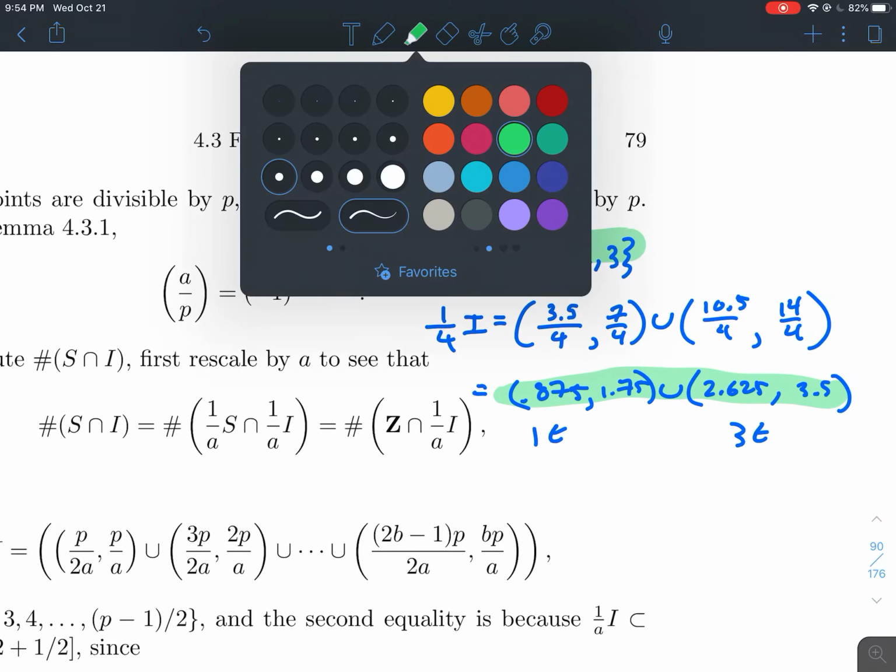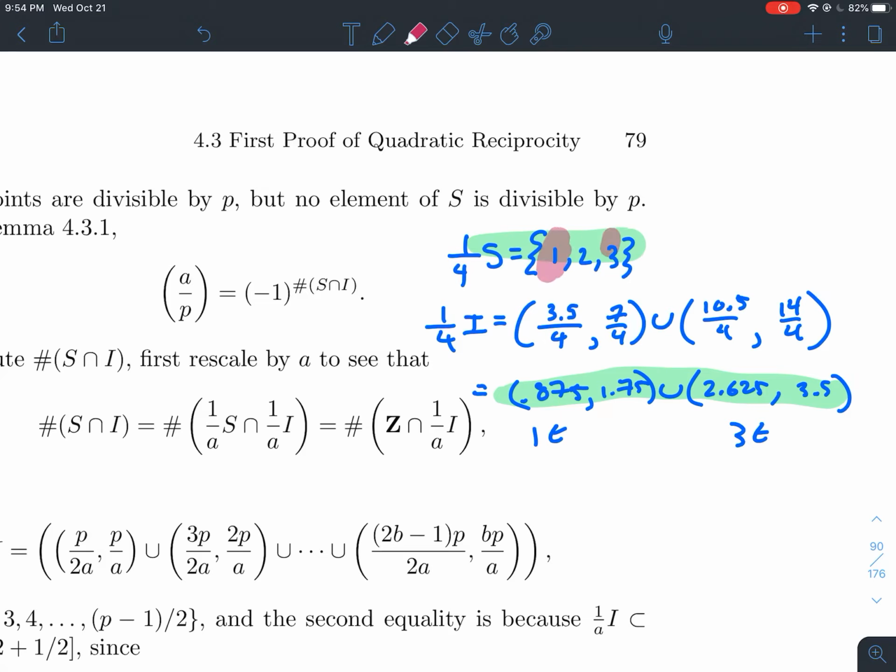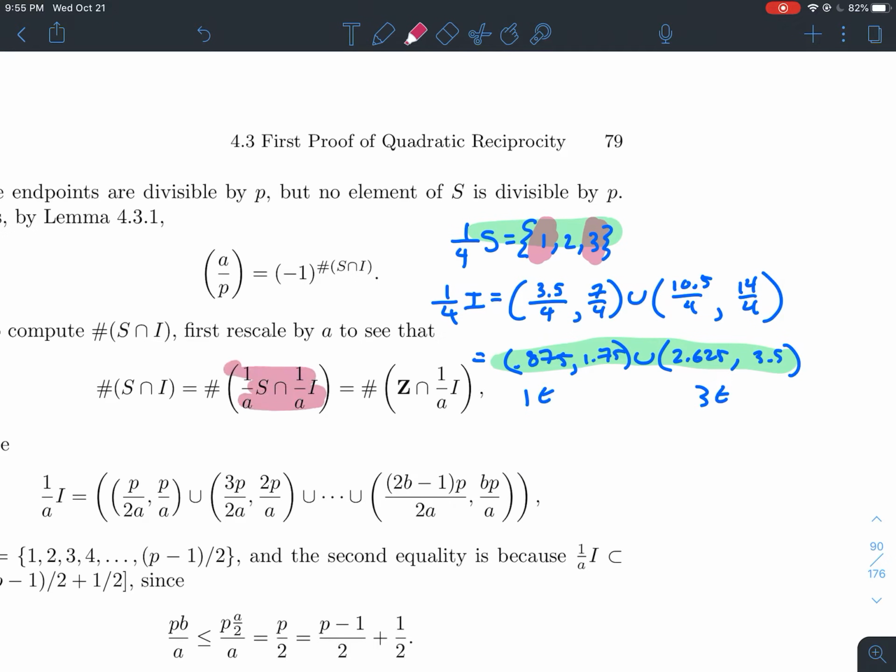And notice again that that's also the same two things from S that corresponded to the negative numbers in the interval minus b over 2 to 0. So anyway, 1 and 3 are in there. So how many things are in there? There's still 2 of them in there. That's the same as how many were in just S intersect I.